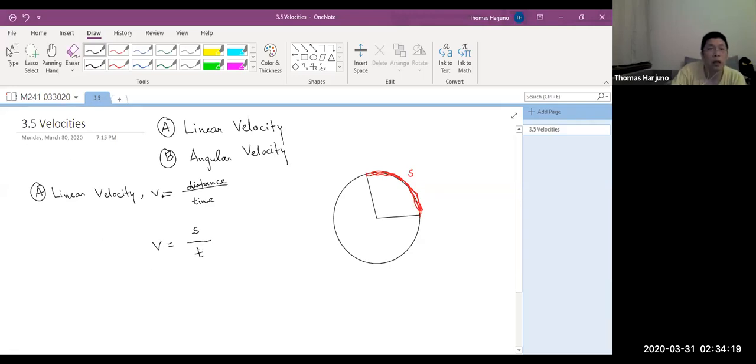Now, in contrast, angular velocity, usually denoted by omega, which looks like a W, is defined to be the angle traveled over the time.